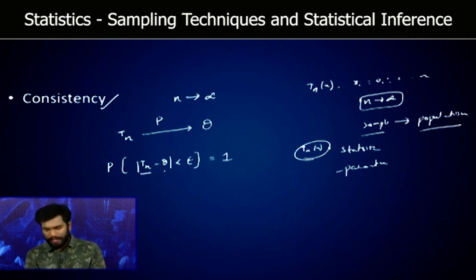Tn of x minus theta, when n tends to infinity, is less than epsilon. Epsilon is a very, very small value, assume.